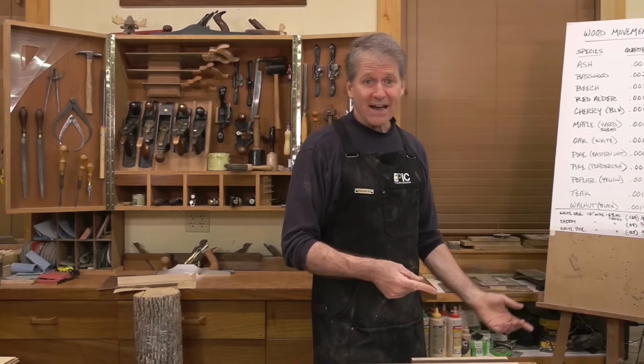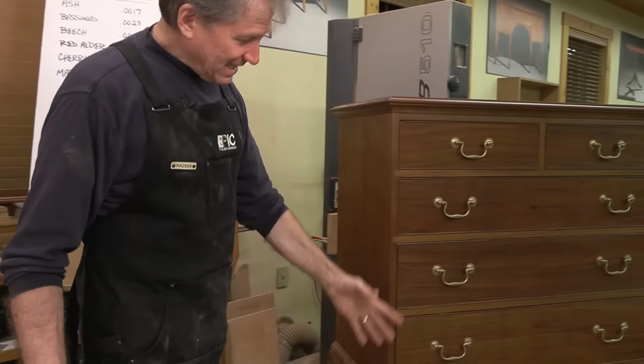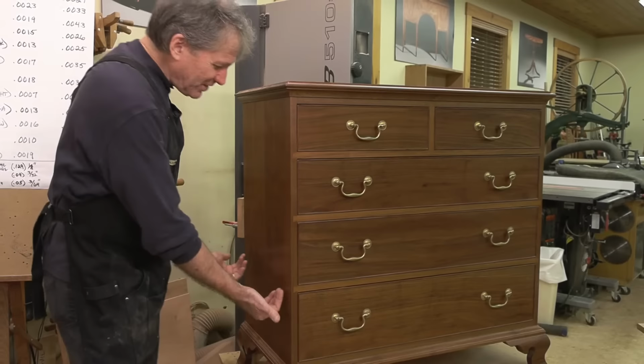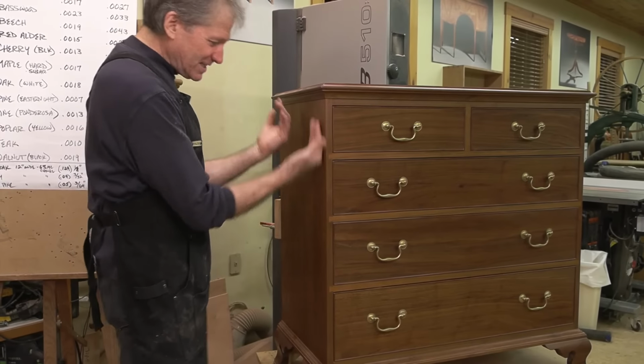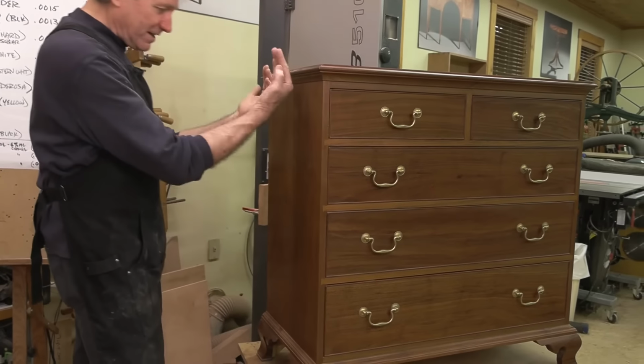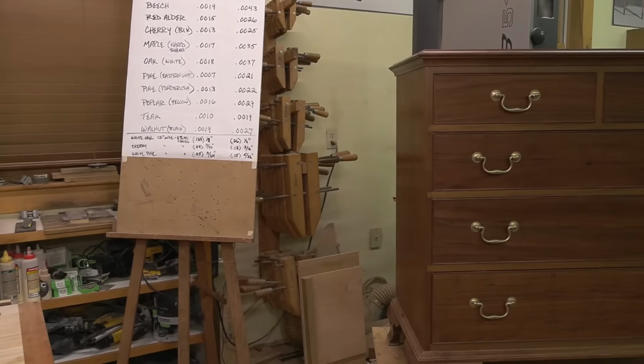Now, when you don't have that luxury, when you're going to build out of solid wood, like they did in the 18th century, like a chest of drawers like this, it's all solid wood. So these sides, these boards, they're actually 3/4 of an inch thick, and they're all running this way. So I've got a wide board on the side here.